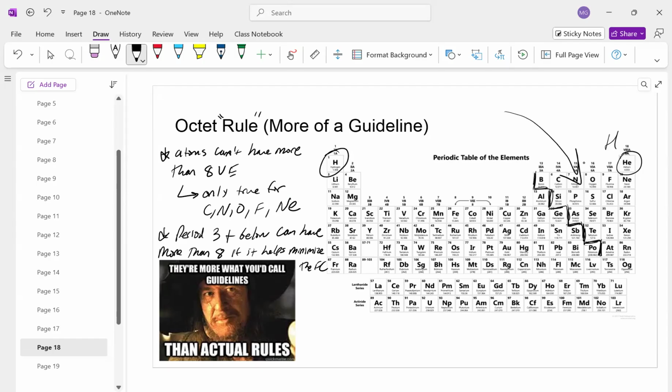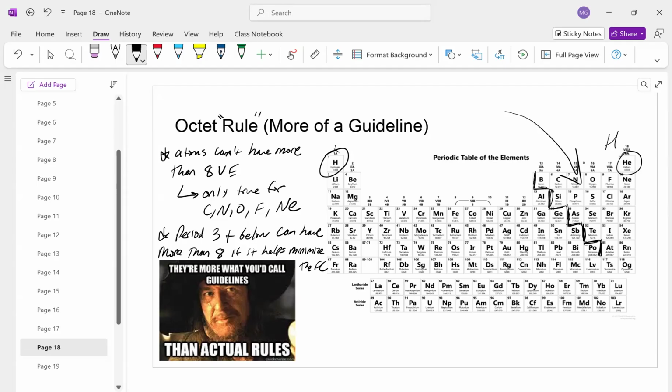And we'll see some examples of that. Like phosphorus, sulfur, so on, those period 3 and below elements can accommodate more than 8 valence electrons. So that's why the octet rule isn't a hard set rule. It's a guideline that we try to follow so that we can draw the best Lewis structure.